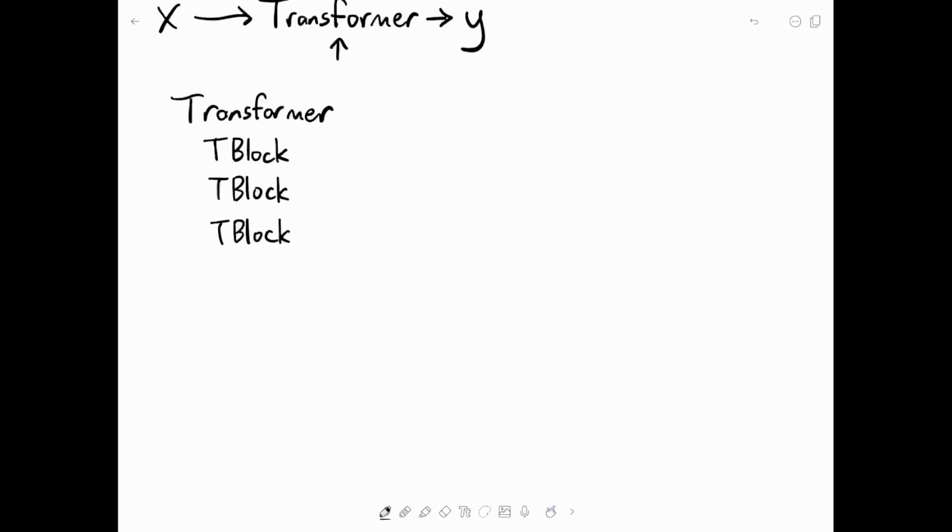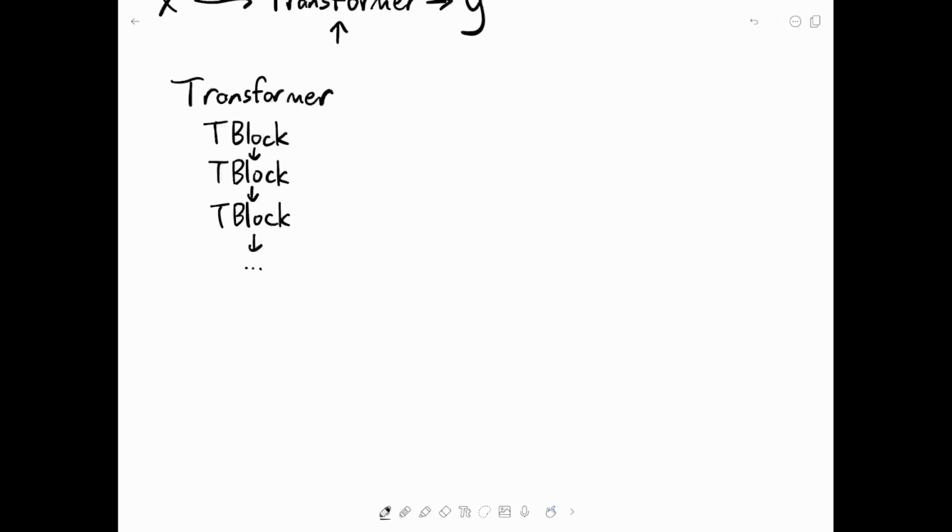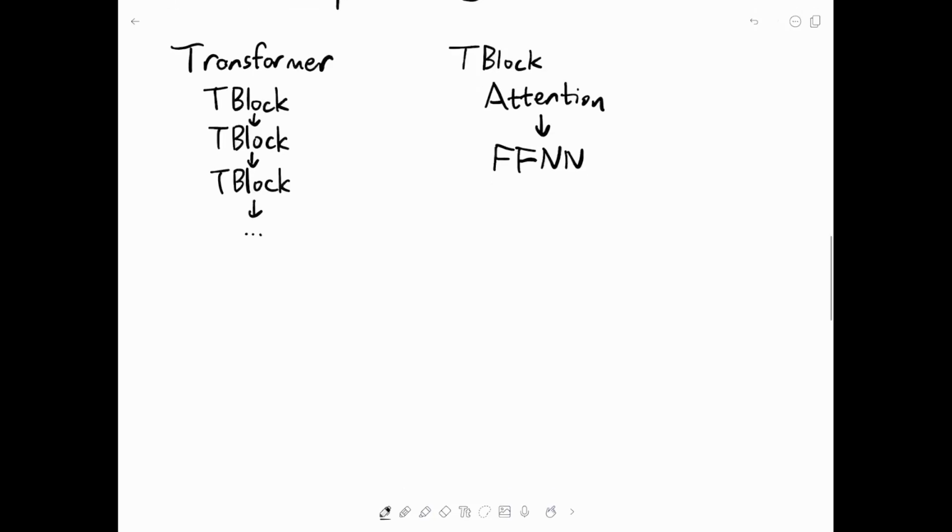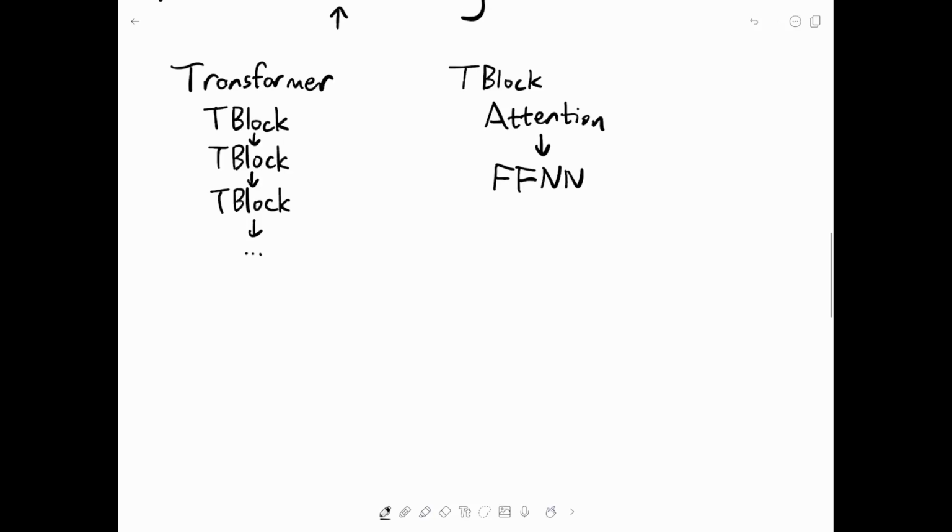So first you'll have this first transformer block, then another transformer block, and so on. And within a transformer block, you have what's called attention. And you also have a feed-forward neural network. So this is the vanilla neural network that you all are familiar with.